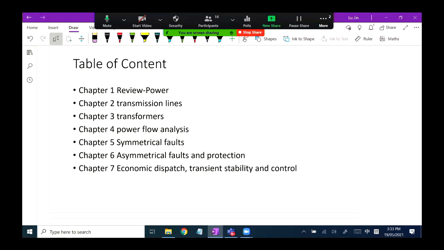Before moving on to chapter 3, I want to remind you of one thing. Understanding the ABCD model should be easy, and for different types of transmission lines, we have different parameters. But do you remember, regarding long transmission lines, when you use the ABCD model, there are some particular functions, like sinh, cosh, something like that.